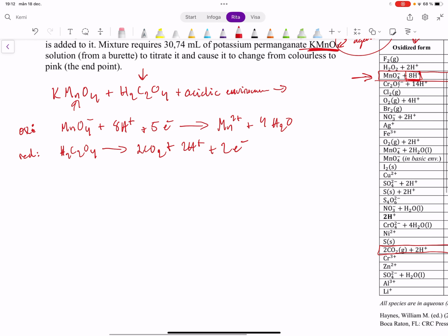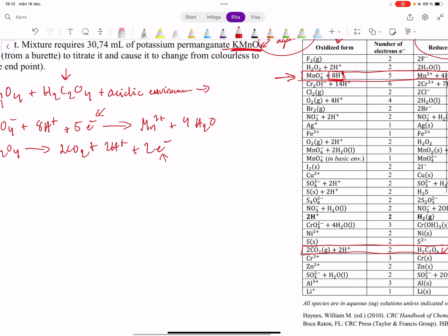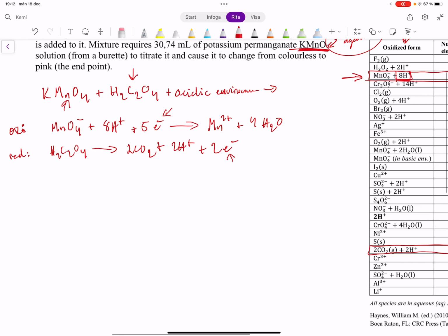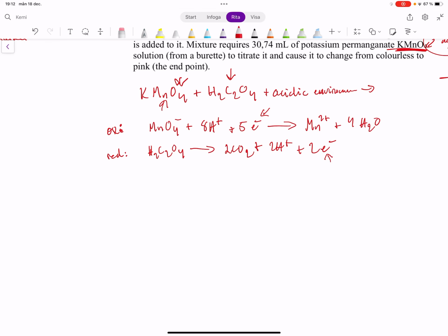In reducing agents you write the electrons on the right side of the equation, and in the oxidizing agent you write the electrons on this side of the equation. Now this doesn't really matter a lot, but if you want to write this correctly, then that's where you write it. I don't know if on the colloquium the teacher will be harsh on that or not, but just to be correct, this is where you write the electrons. So now we have our half equations of this one and of this one.